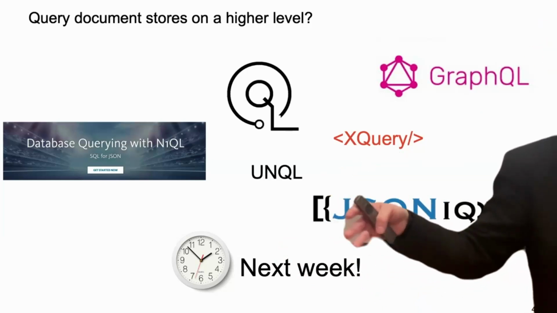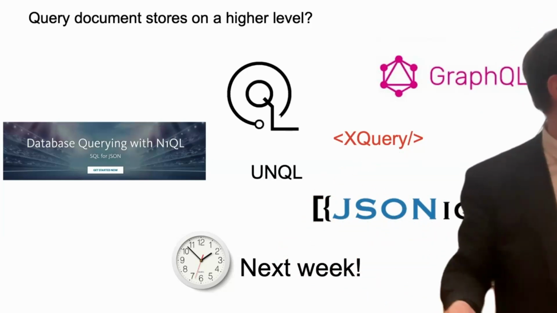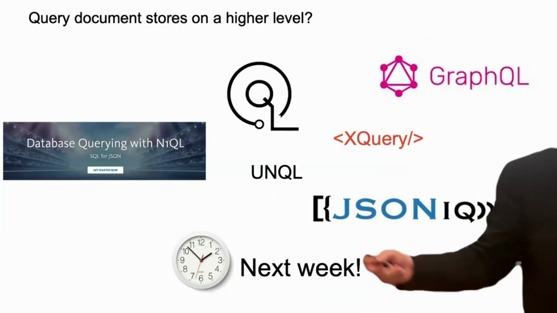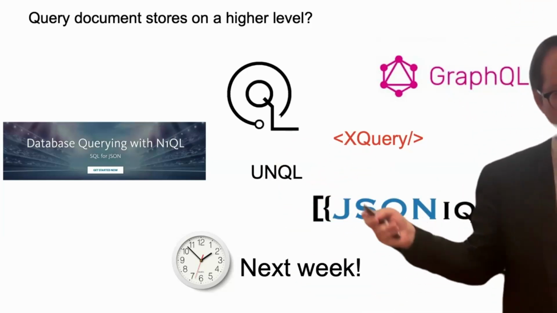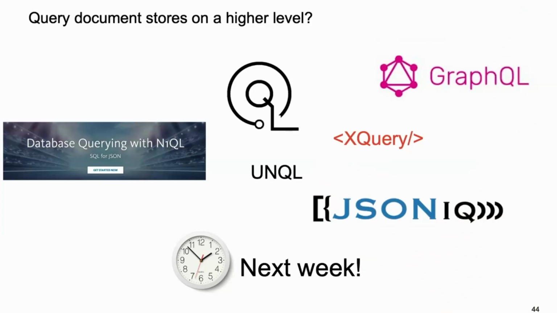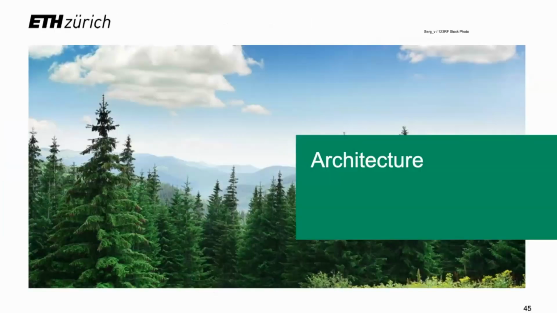And maybe, I hope one day it will happen. Maybe we'll see that in our lifetimes, that we also consolidate these languages. But right now, you have to live with all of these languages. Okay? But that will take care of next week and the week after that when we go into JSONiq as an example of such language that is a higher level than an API.